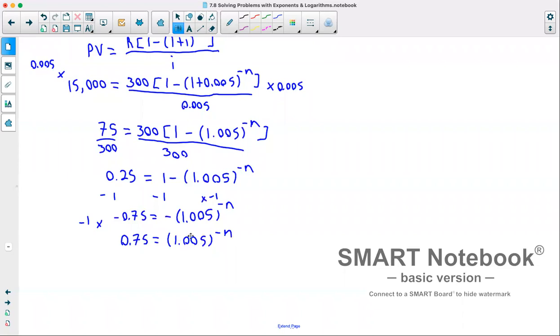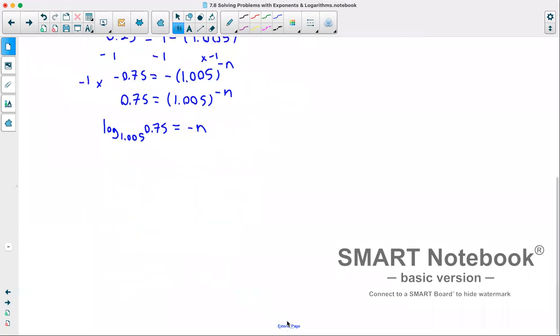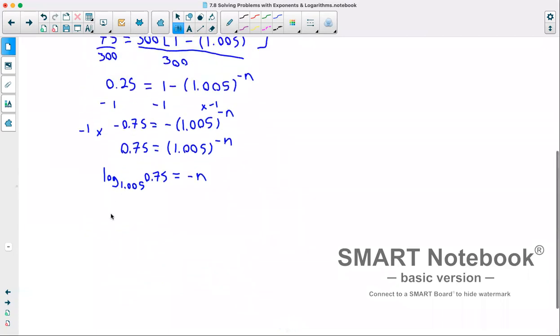So we'd have log of this base, so log base 1.005 of 0.75 is equal to negative n. We can split that into two separate logarithms. So that'd be log of 0.75 divided by log of 1.005 equals negative n.